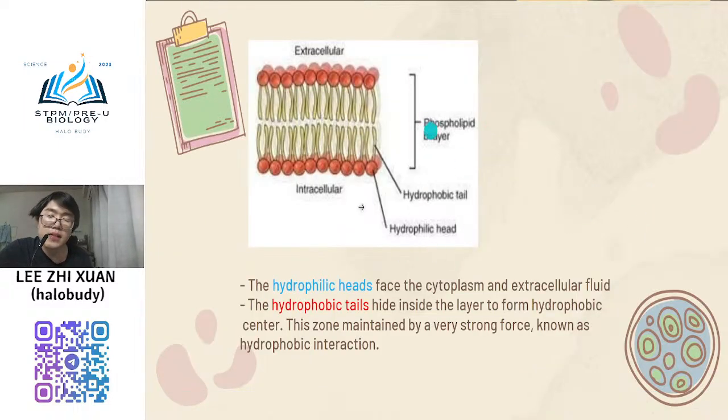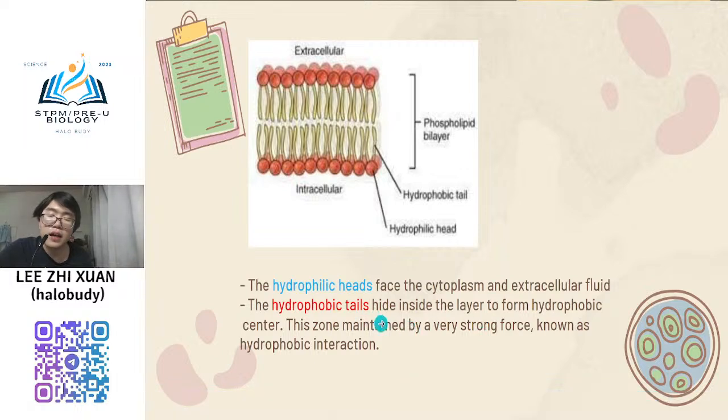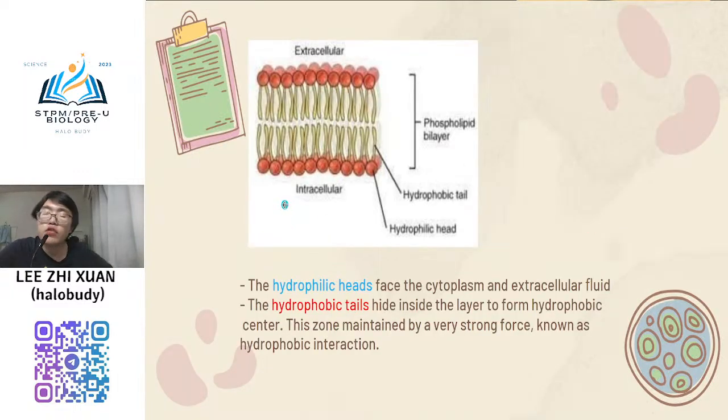So you see in the plasma membrane, the hydrophilic head will face the cytoplasm and the extracellular fluid, while the hydrophobic tail will hide inside the layer of the hydrophobic center. Okay, now we have finished the open chain lipids.